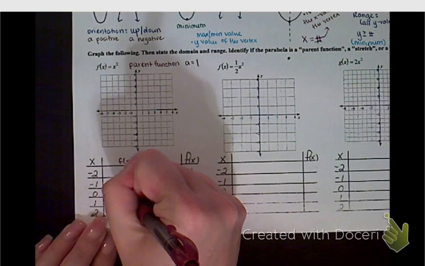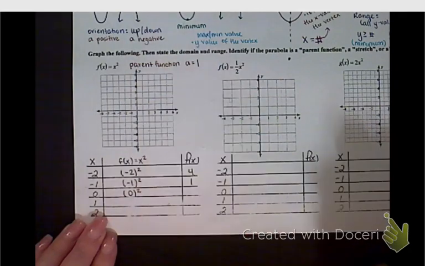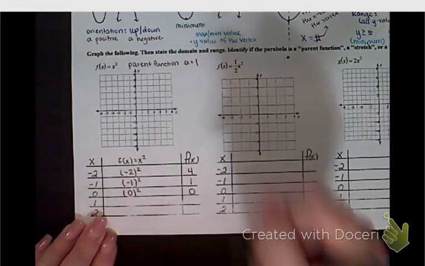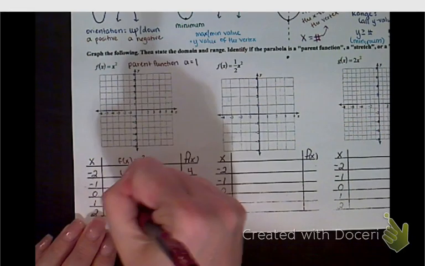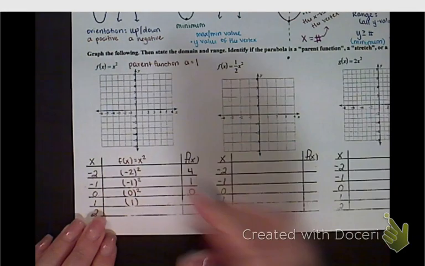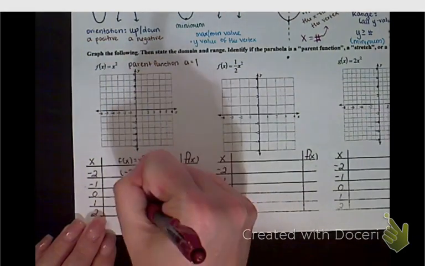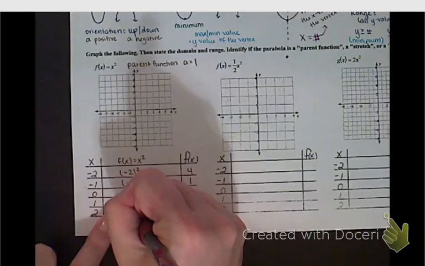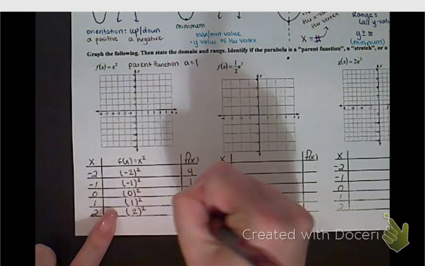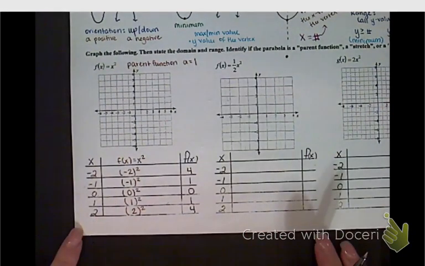If I plug in 0, 0 squared gives me 0. If I plug in +1, +1 squared is 1. And if I plug in 2, 2 squared gives me 4.